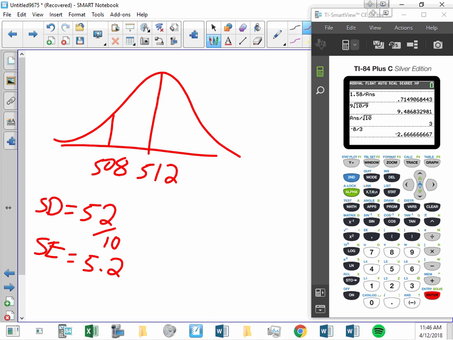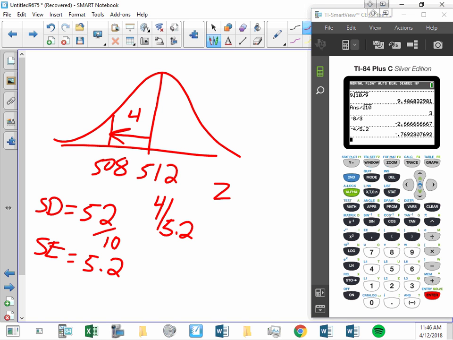Okay. Now, this is a difference of 4. 4 divided by 5.2. It's actually negative 4, sorry. Negative 4 divided by 5.2. And I get a z-score of negative 0.769.